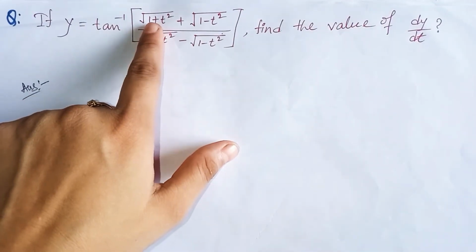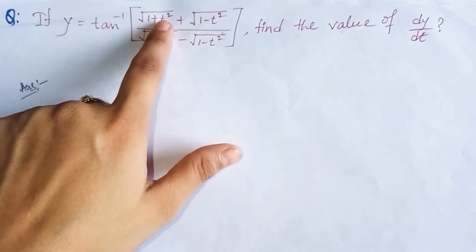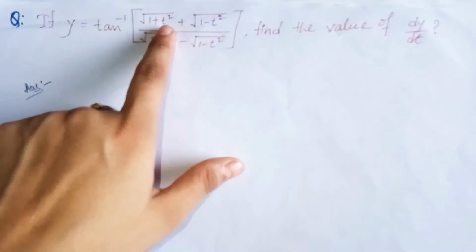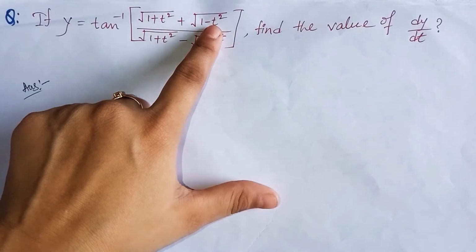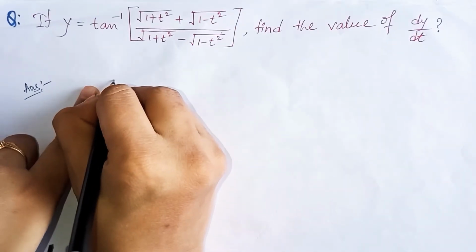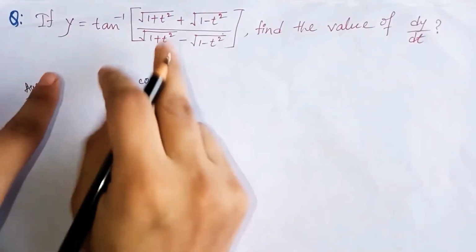So here we have 1 plus t square and 1 minus t square. If we use t square as cos 2 theta, because 1 plus cos 2 theta has the formula 2 cos square theta, and 1 minus cos 2 theta has the formula 2 sin square theta. So we substitute t square in terms of cos 2 theta. Then it will be easy.